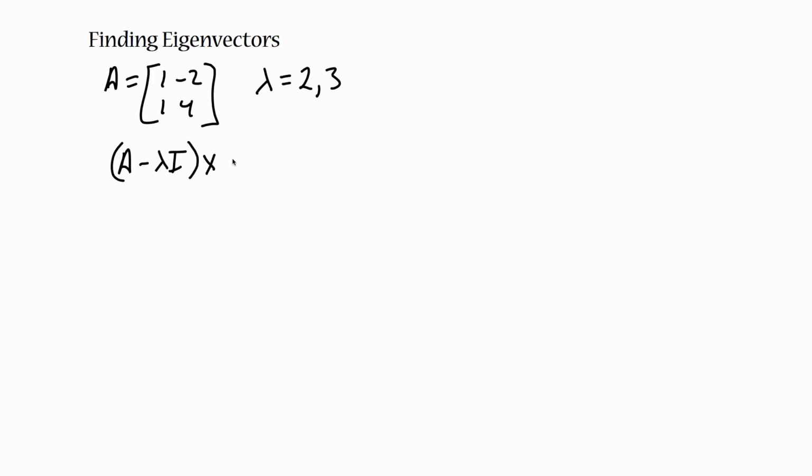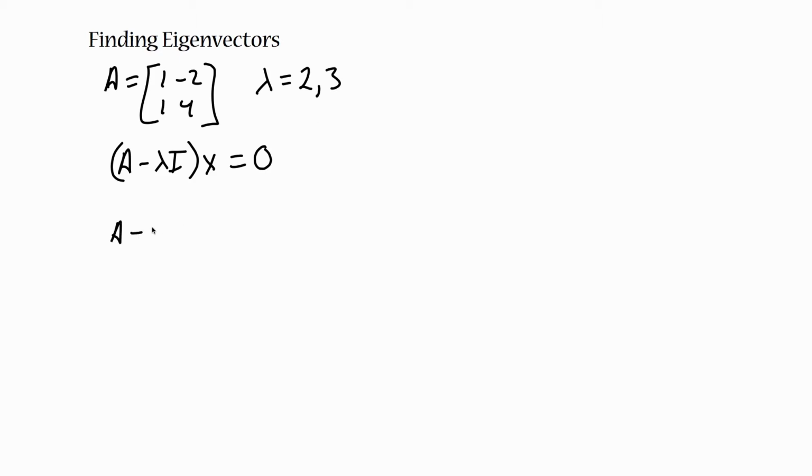Now that I have my eigenvalues, how do I find my eigenvectors that go with them? Well, remembering from the last page, for the matrix 1, negative 2, 1, 4, the eigenvalues we got were 2 and 3. Since at the very beginning, we decided that A minus lambda I times our eigenvector is equal to 0, we can just sub in our eigenvalues to get back what their corresponding eigenvector is.